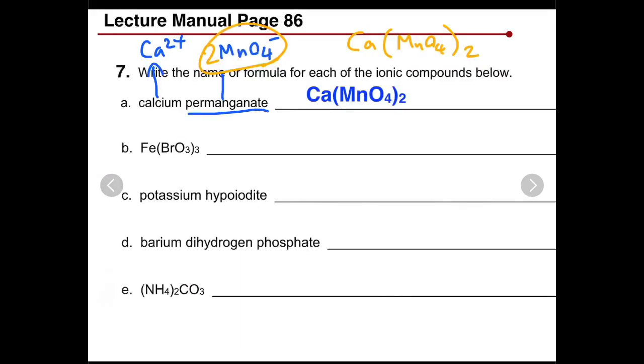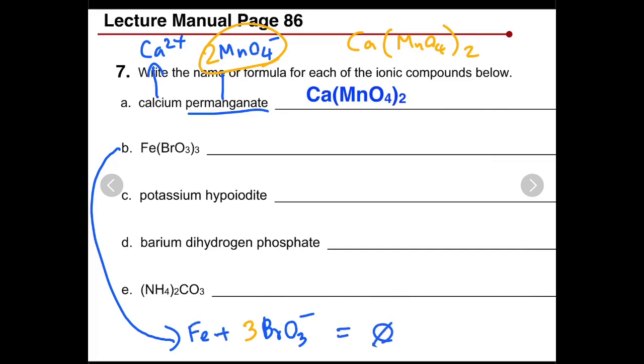Okay, so I'm going to analyze this. We know that bromate has a -1 charge, and we know that there are 3 of them. We're going to add this to iron. We don't know what iron is, but the overall needs to come out equal to 0. So we have iron right here.